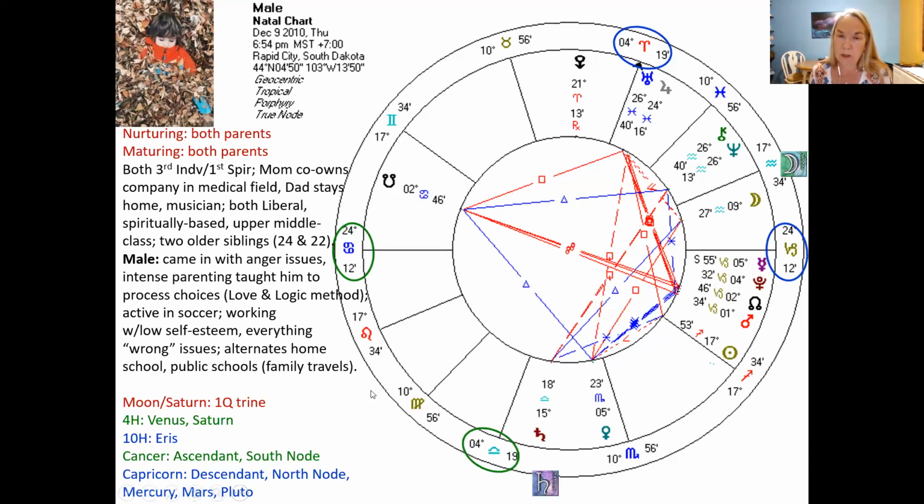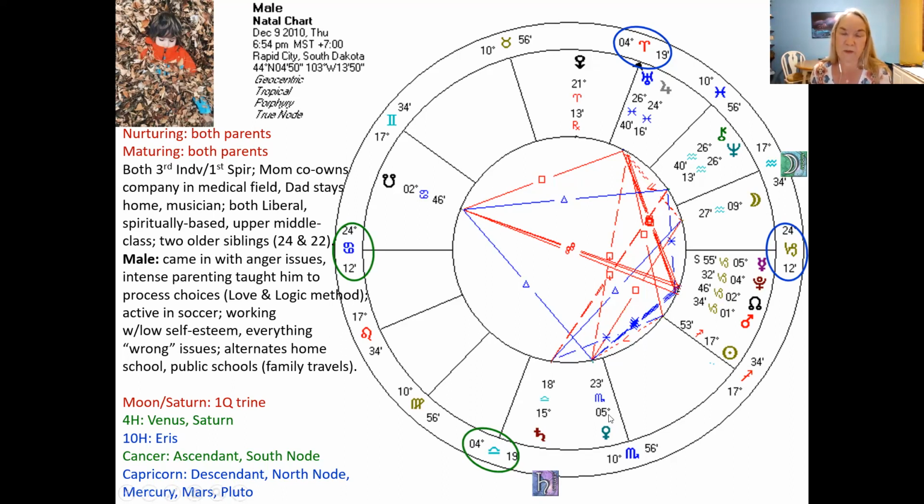And with Venus in the 4th house in Scorpio, also the ruler of the 4th house, they go psychologically deep with him at any moment. And he responds pretty well.